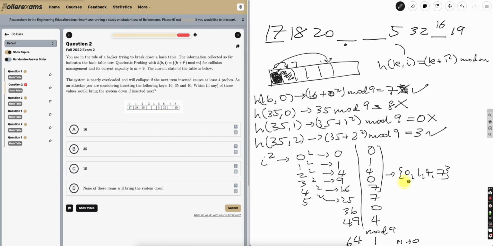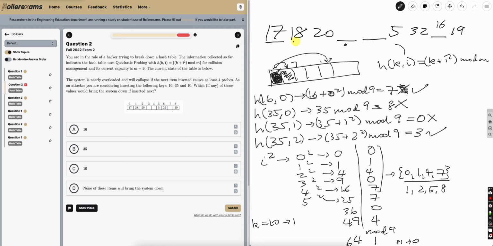So those 4 elements are the only possible remainders of i squared modulo 9. So you can try to add k to those. We're given that k is 10, and modulo 9 that will be 1. Adding 1 to all of those gives 1, 2, 5, and 8.